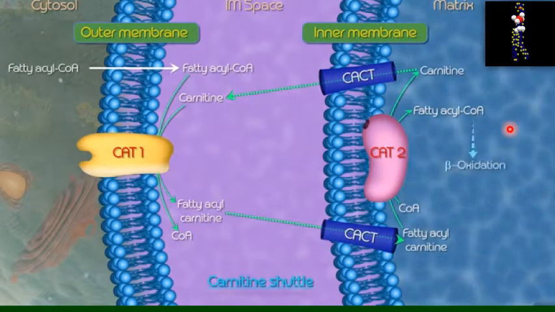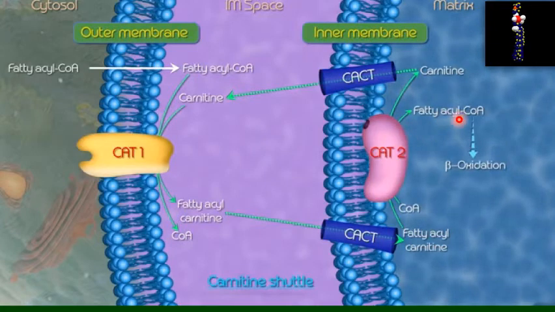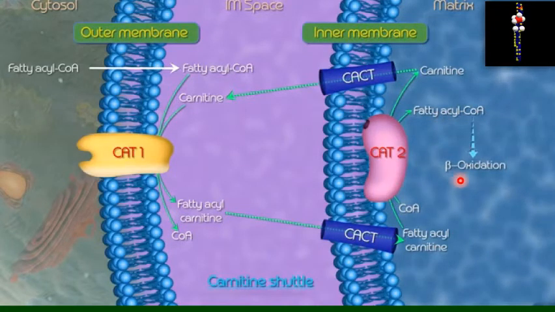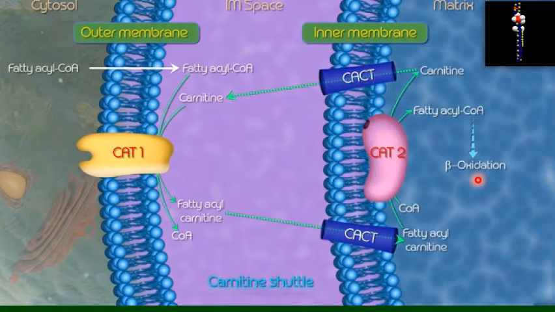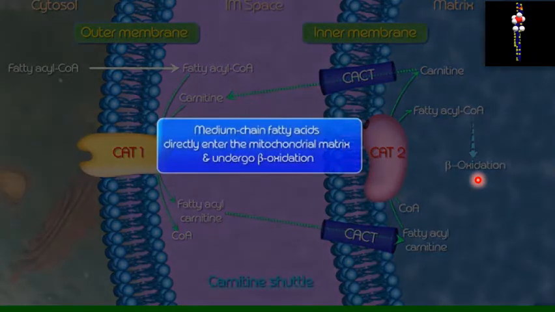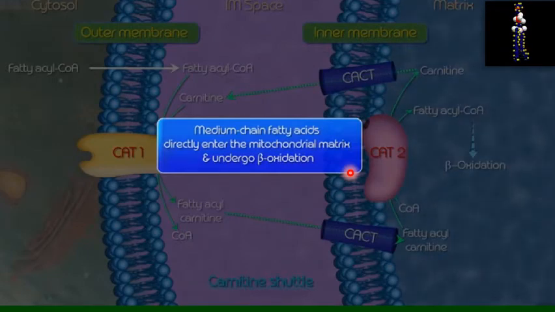Now this fatty acyl coenzyme A undergoes beta oxidation. What is beta oxidation? Medium chain fatty acids directly enter the mitochondria and undergo beta oxidation, but this transport is for the long chain fatty acids.